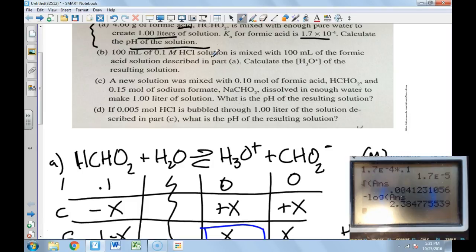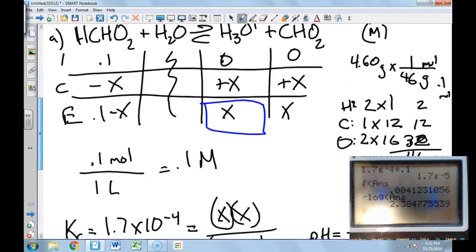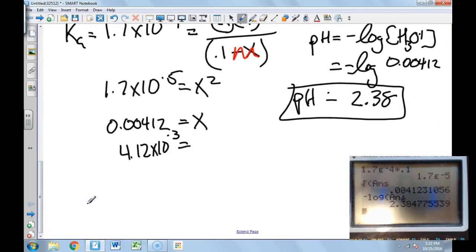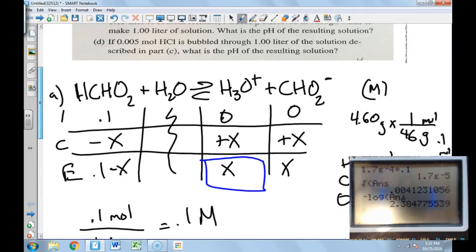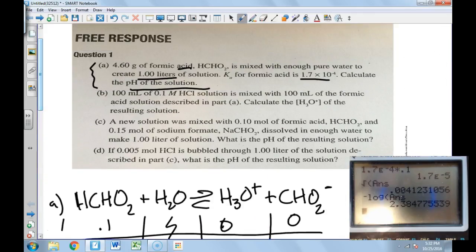Now, once we mix the 100 milliliters of HCl, we want to know what's going to happen to the formic acid. So now, is this a buffer titration problem? Well, not really, because what we're doing is a mixture of a weak acid and a strong acid.